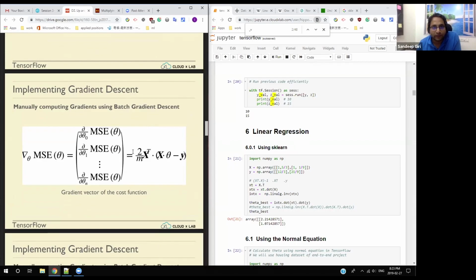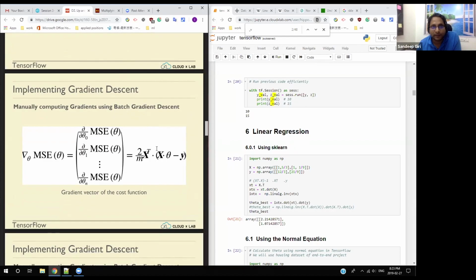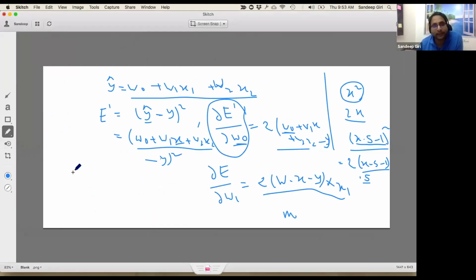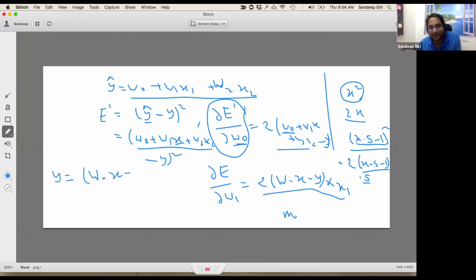Once more, I'll just try to build the hunch again. Basically, we know y is equal to w dot x, right? Can you share once more?